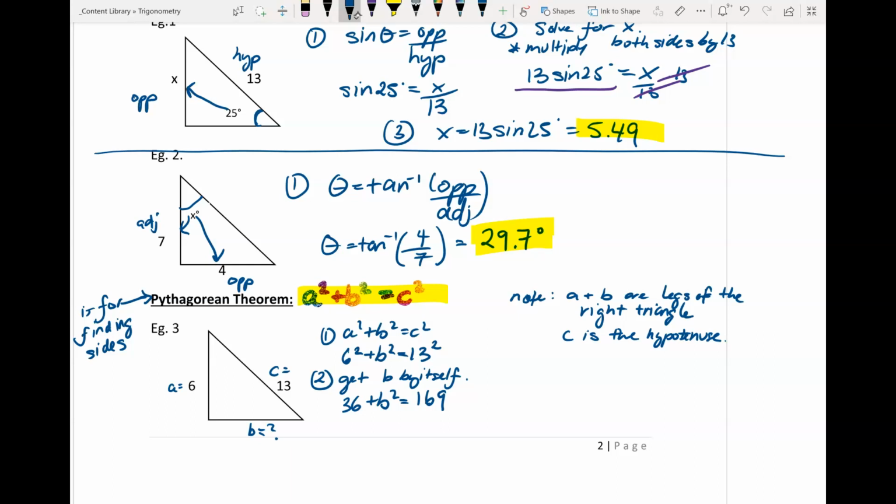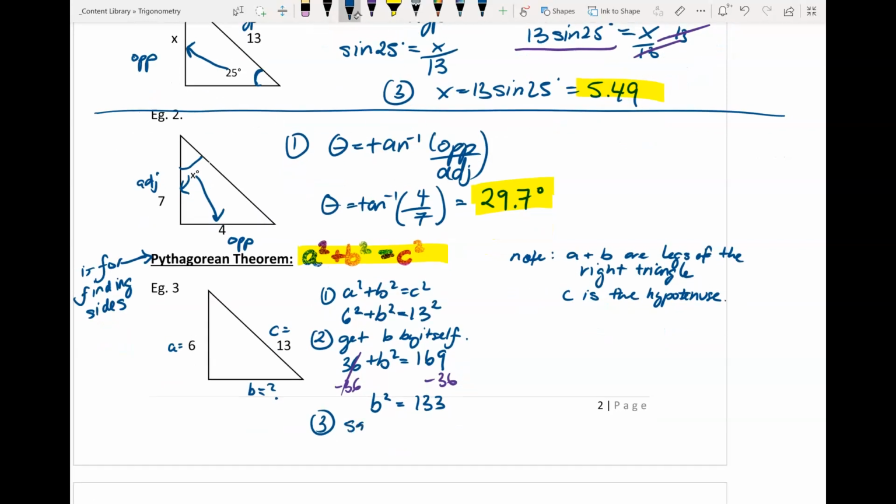Now to get b by itself, I'm going to subtract 36 on both sides, so that I can get rid of that 36 on our left-hand side of the equal sign. So 169 minus 36 is 133. Our last step is to square root both sides.